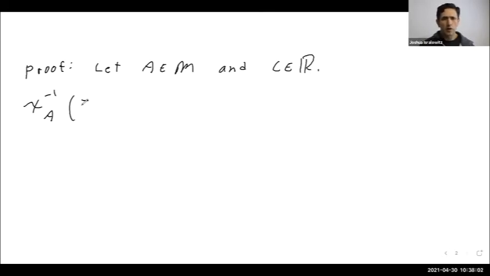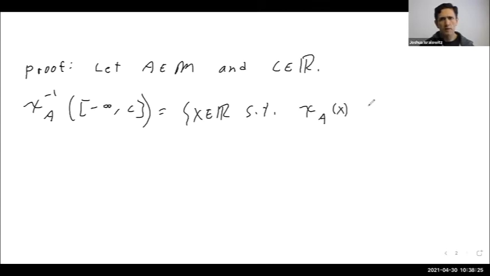They're probably all equally easy. But let's just look at this interval here. Remember what the inverse image is. It's the set of all x in R where this characteristic function is less than or equal to C.